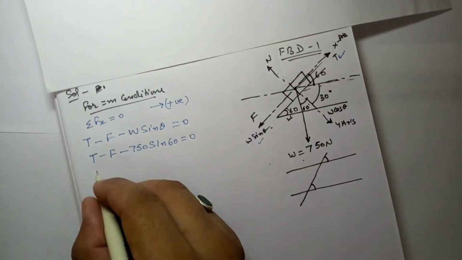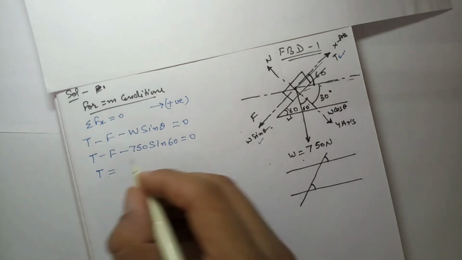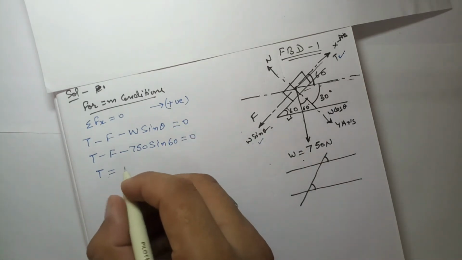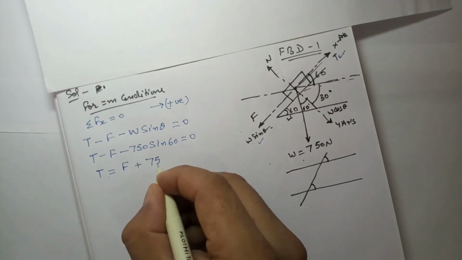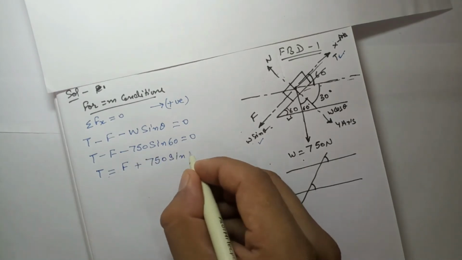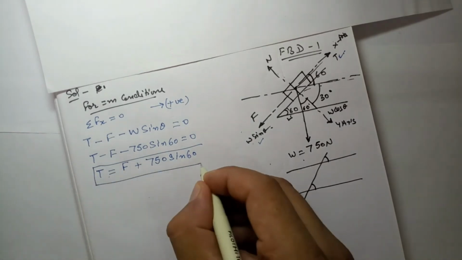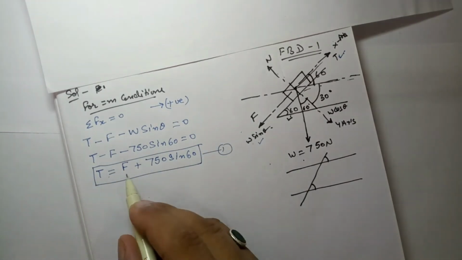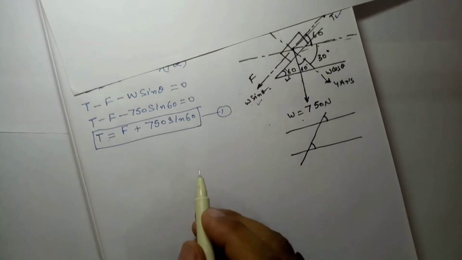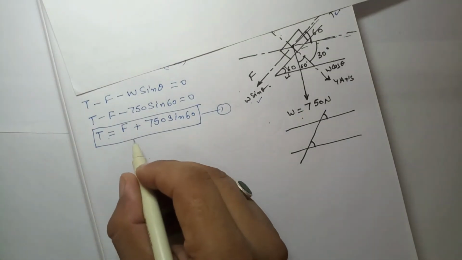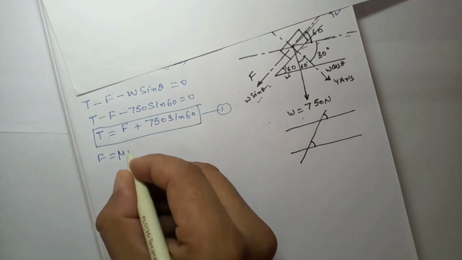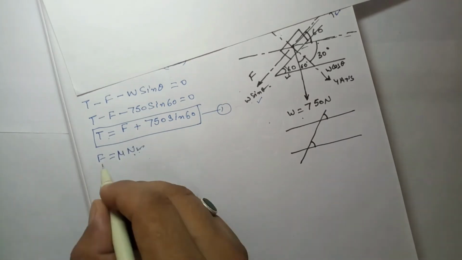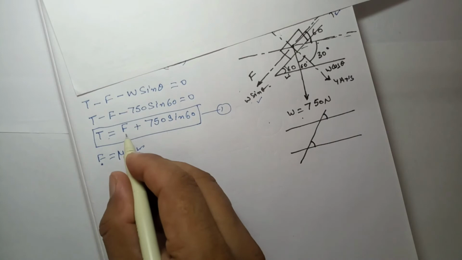So we have the equation for tension, which we have to find to complete the solution. Tension will be equal to friction force plus 750 sin 60. Now if we have the value of the friction force, we can find it very easily. We know that F is equal to mu into N. If we have the value of the normal reaction, then we can find the value of friction and fill it here.